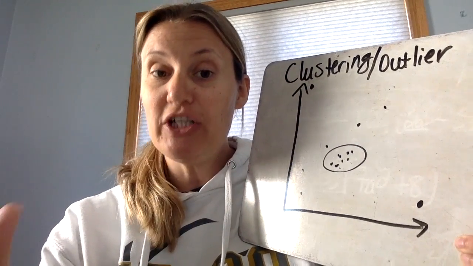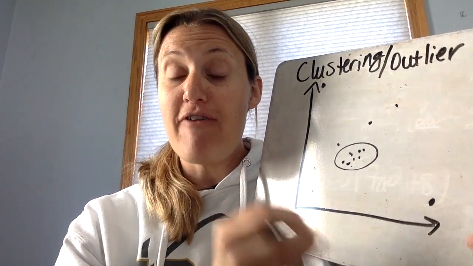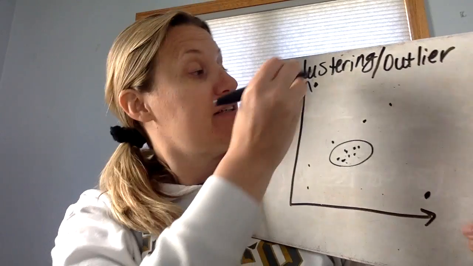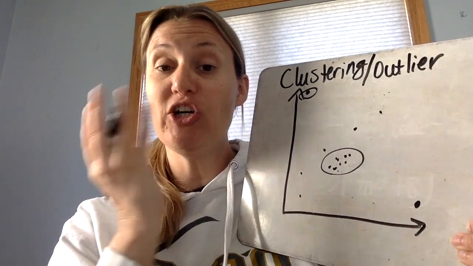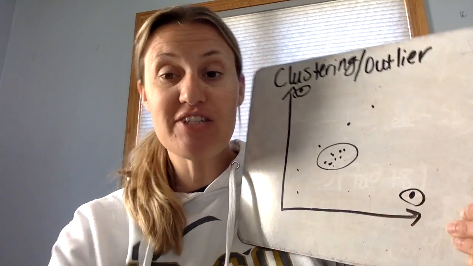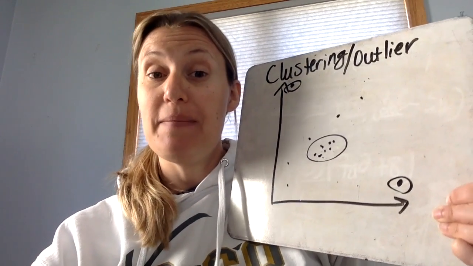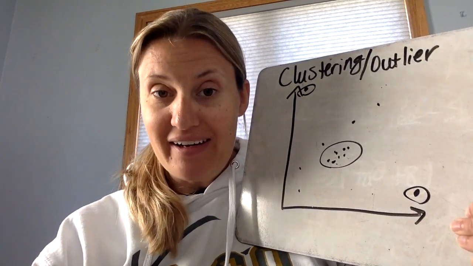An outlier is a point that is far away from the rest of the data. So up here is an outlier because it's way higher than the rest of the data. This could also be considered an outlier because it's a lot lower than the data.